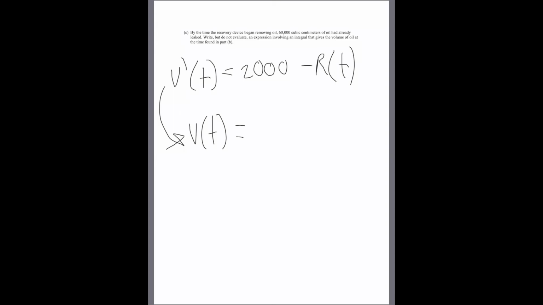And it tells us that it starts with 60,000 cubic centimeters. So that's the first thing I'm going to write. And when you think about it, that's kind of like your c, because when you take the derivative, this goes away. But we're adding back the c that got taken away when we took the derivative. So that's where that comes from.